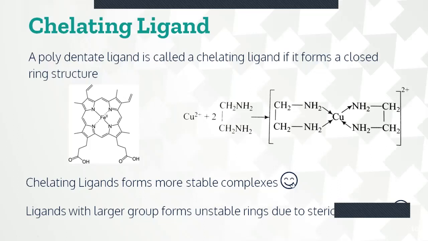I hope you might be familiar with this structure. This is the structure of hemoglobin. Hemoglobin is an iron complex. This is the central metal atom, and the donor atoms, your ligands, are bulky. Due to the presence of bulkier groups, there is a repulsion between them, which is called steric hindrance, and this steric hindrance brings instability in the compound.